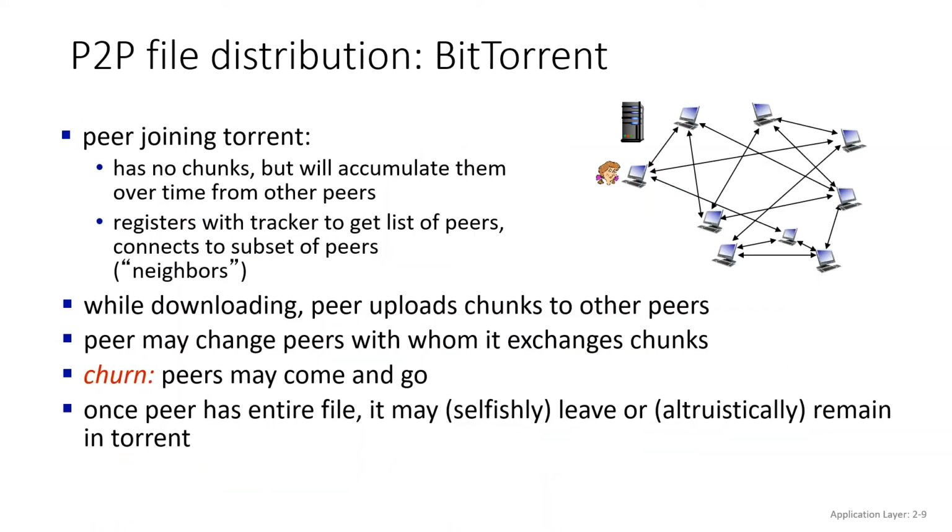So what also happens is that you have some algorithms here, right? But before even going to the algorithms, we have the policies around the BitTorrent community. So when you join in the community, you do not have any chunks. Obviously, you have nothing, right?